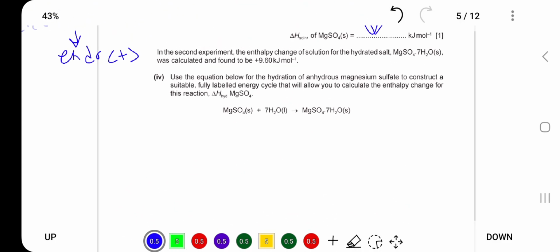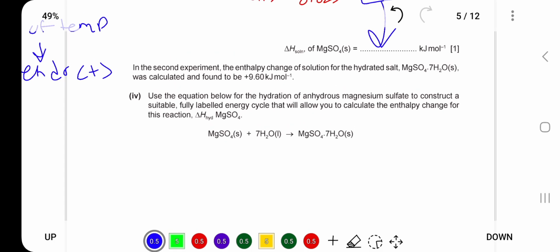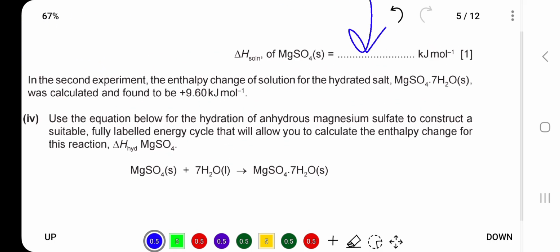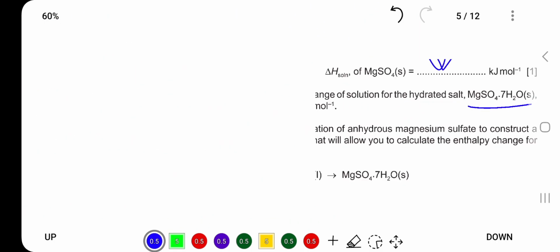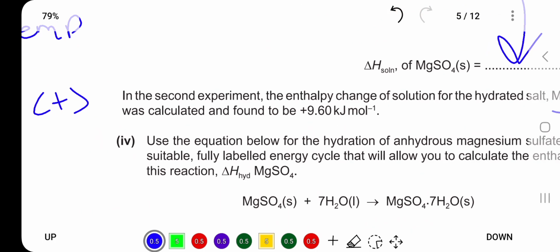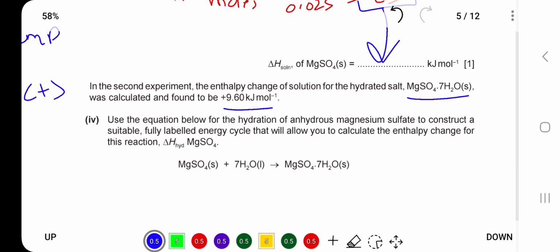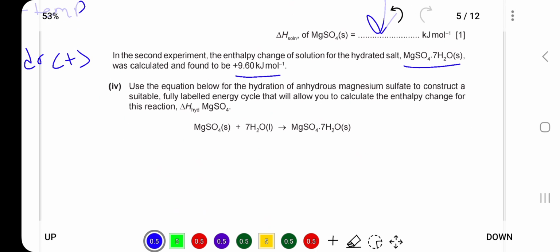Anyways, in a second experiment, the enthalpy change of solution of the hydrated MgSO4 was calculated and found to be given. So what would we find here? Use the equation below for the hydration of MgSO4.